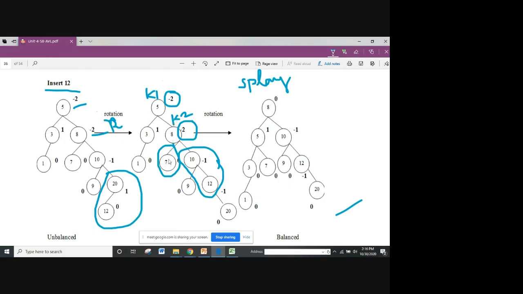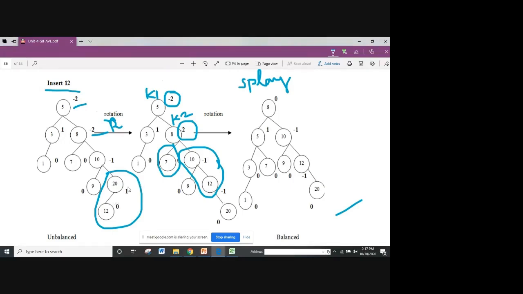K2's left will be, because when you rotate, the other node, that is the top node, will be coming as a left. For example, here when I rotate 20 and 12, 12 will go up and 20 will become the left child, no, I think right rotation, right? When it comes to right, 20 will become the right child of your 12 when you rotate right.